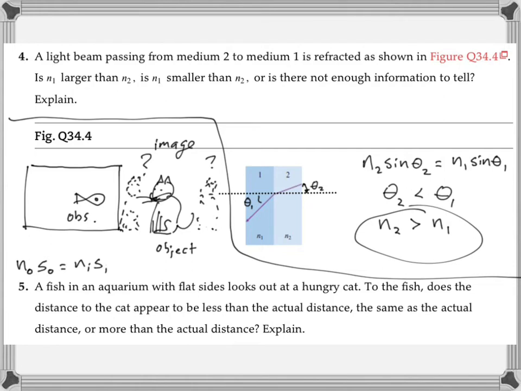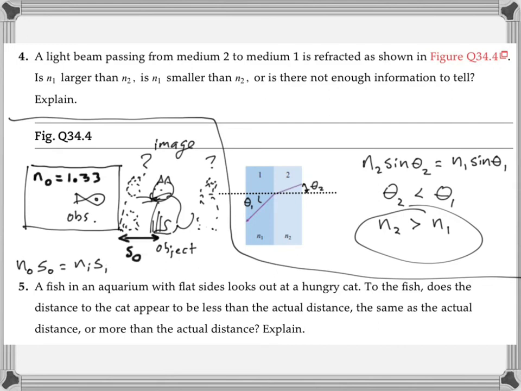So the equation that we discussed back in that video, which is easy to remember, is N_O S_O equals N_I S_I. The N_O refers to the index of refraction of the medium where the observer is. So the fish is playing the role of observer in this problem. The index of refraction of the medium where the fish lives is, of course, water, so it's 1.33.